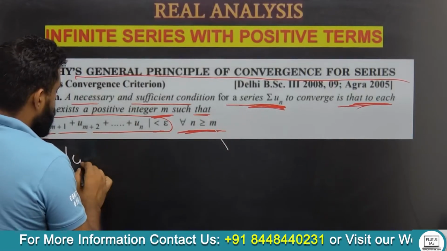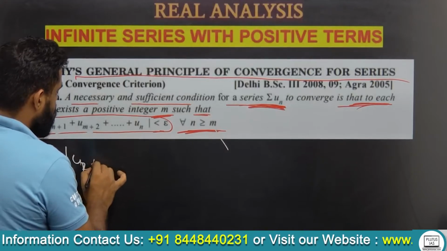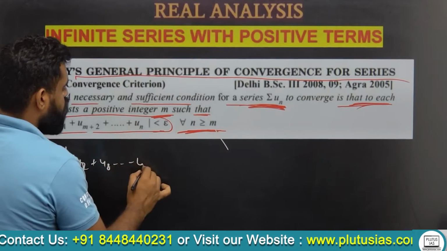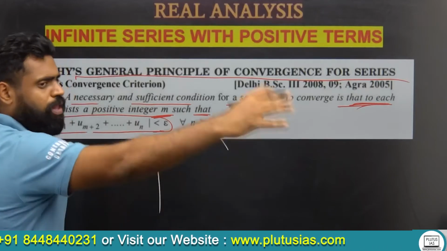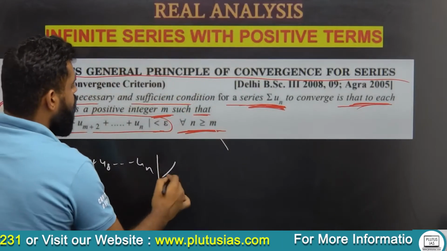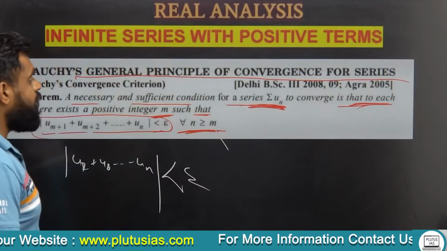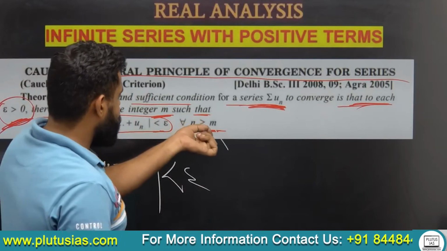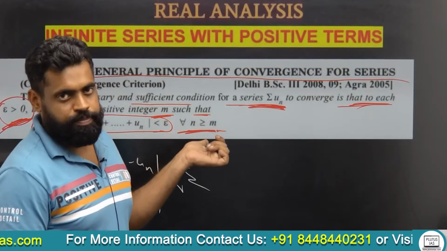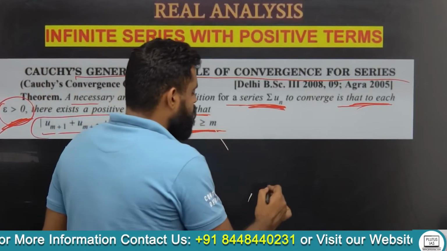Suppose I take m equal to 6; then u7, u8, up to un, the summation of all the rest of the terms, will lie inside an epsilon, and this m depends upon the value of epsilon.